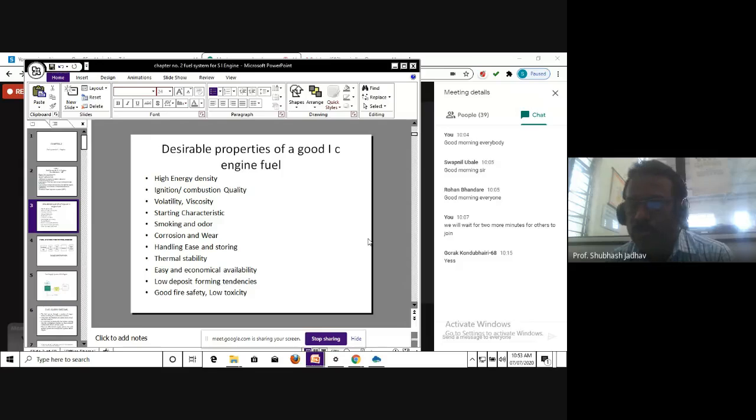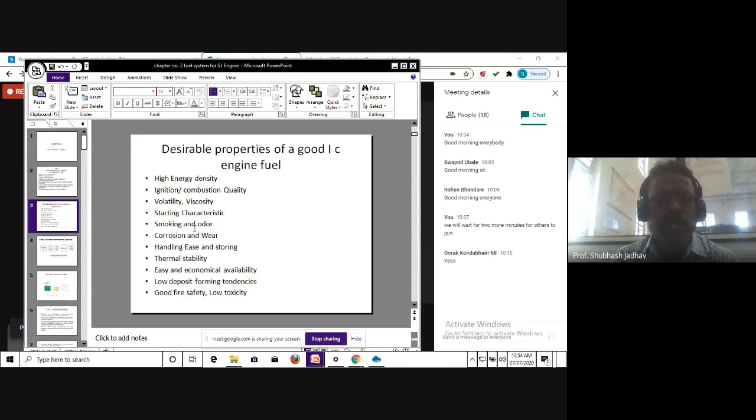The bajra waste is very easily able to start burning. If you just hold it on the lamp for half a minute, it will start burning on its own. On the contrary, if you hold the wooden log on the lamp for 1 minute or 2 minutes or 3 minutes, it will not start burning easily. That means it is difficult to start burning, and the bajra waste easily starts burning. That is what we call the starting characteristics.